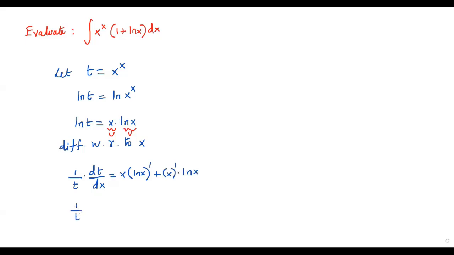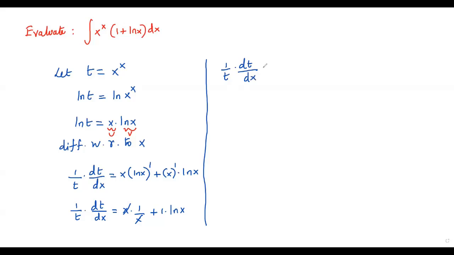So we get 1 over t times dt over dx equals to x times the derivative of ln x with respect to x, which is just 1 over x, plus the derivative of x with respect to x, which is just 1, times ln x. So this x will cancel out. I get 1 over t times dt over dx equals to 1 plus ln x.